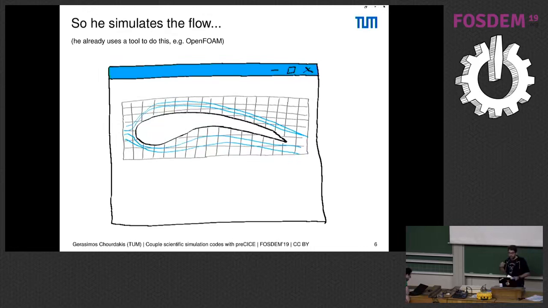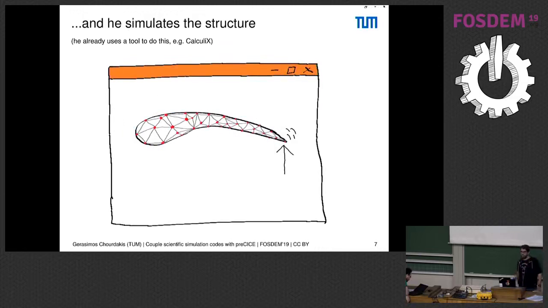And in this way, he would see if the wings would give him enough lift. At the same time, he also wants to see how flapping the wing would deform it, so will this hold? So he does the same thing inside the wing with some other software, like Calculix.